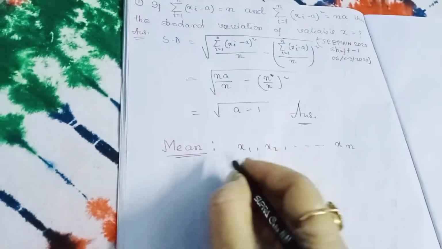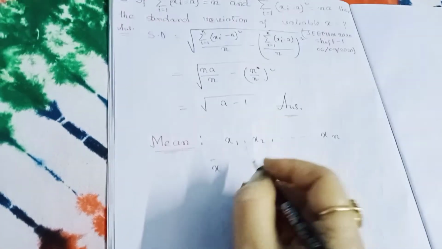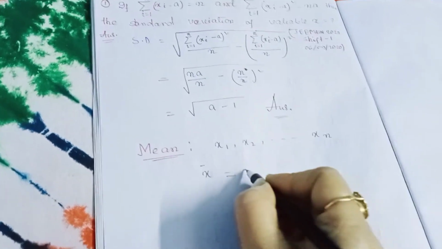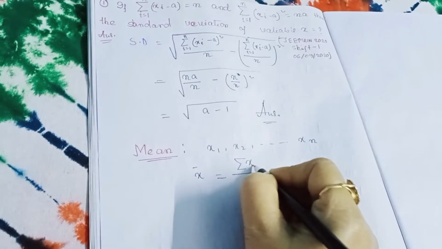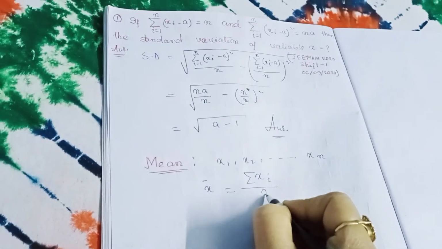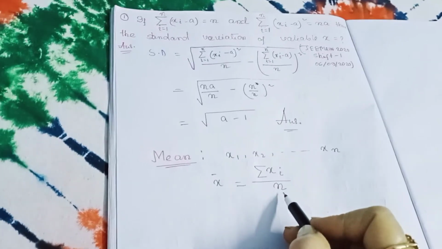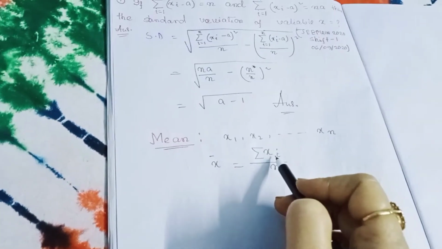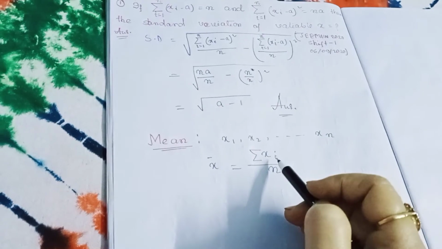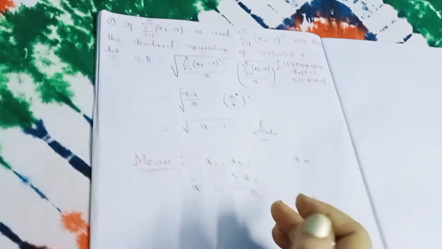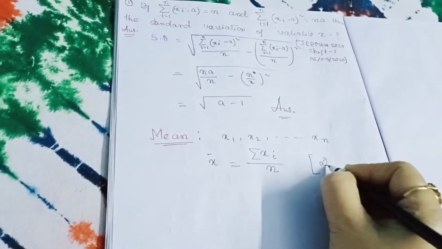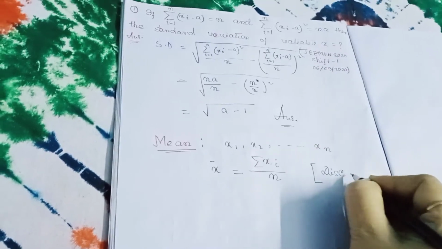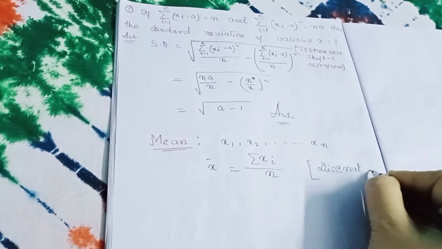So here we get mean, x bar, is equal to summation xi divided by n, where n is the total number of observations and xi are the observations, summed. This formula is applied for discrete data.